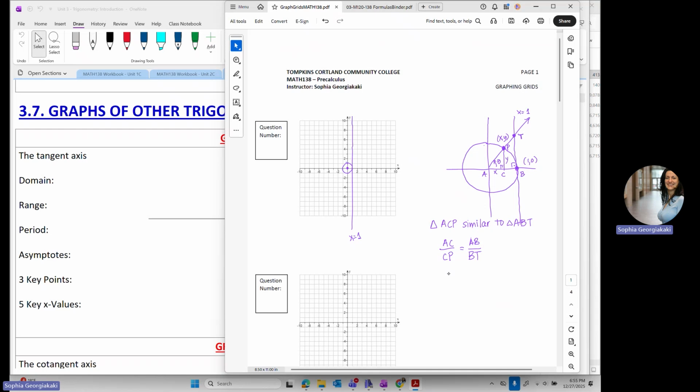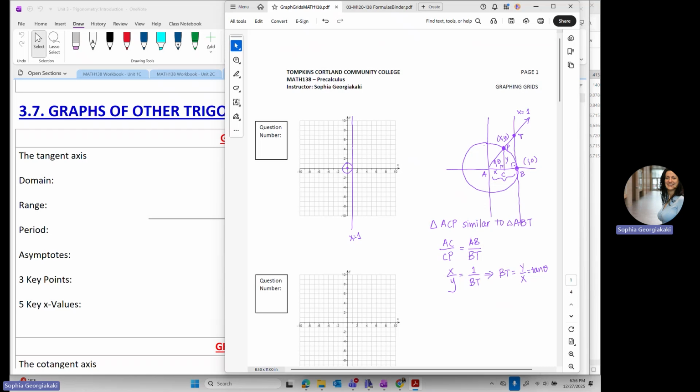So this is x over y equals AB, which is the radius of the circle, and AB is equal to 1, over BT. So if I solve this equation for BT, BT will equal y over x if I flip the two fractions on both sides. But y over x is the tangent of theta, because it is the sine over the cosine.